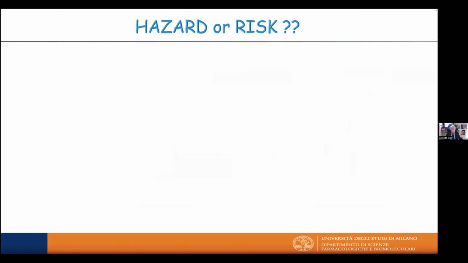But our problem, or at least my problem, when we talk about toxicity, is what is the message that we have to convey? Because if we convey the message of hazard, it's very, very difficult. It's very different than talking about the risk.